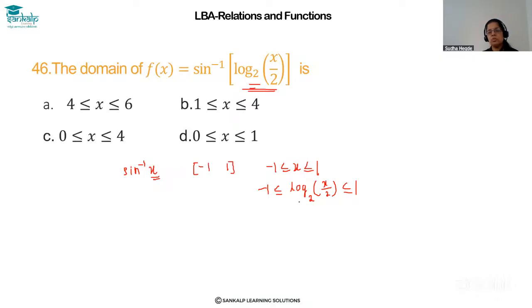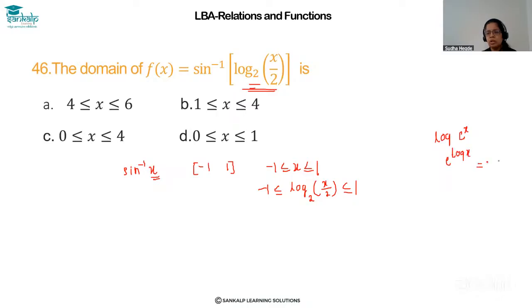So now you have to remove the log. How will you remove it? If the base is e, you take the exponential of this. Since the base is 2, you have to write 2 to the power. Then the log can be removed, like log of e power x or e power log x.